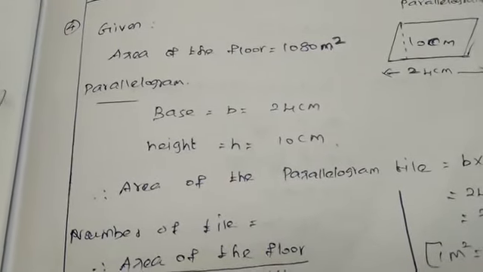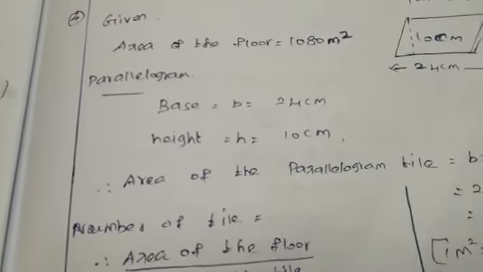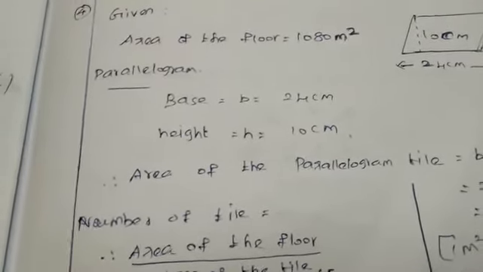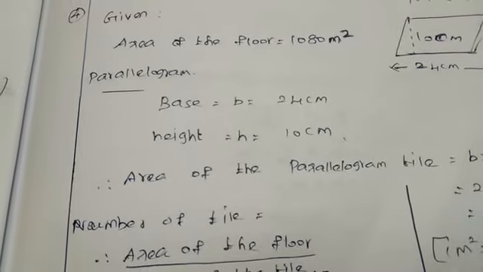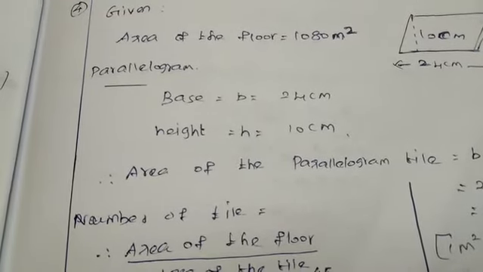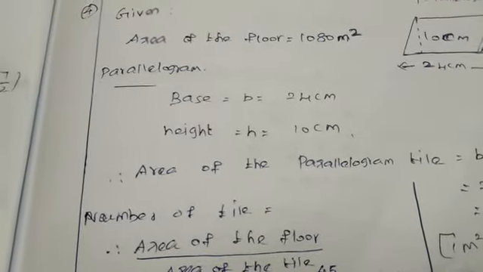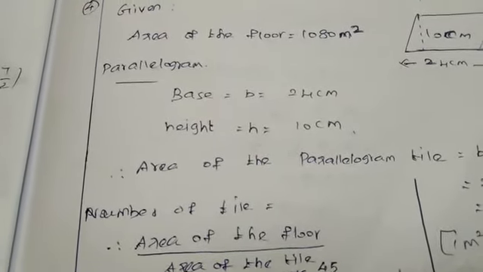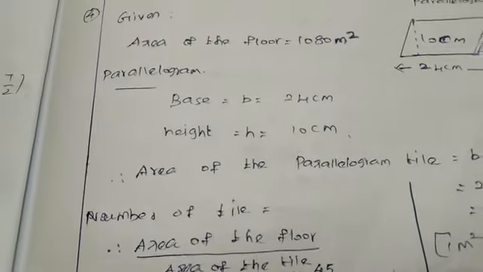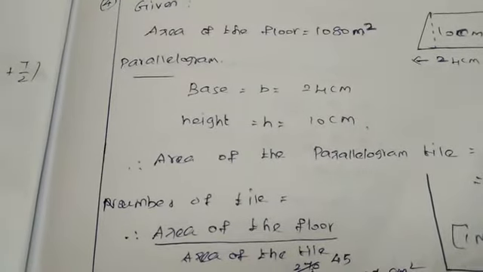Now in our shop we can realize the area of the tile. It may be square form or parallelogram form, or circle form, or zigzag form. So many forms are there. Suppose it is a parallelogram or square or rectangle.